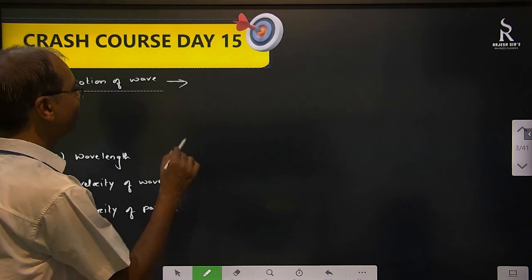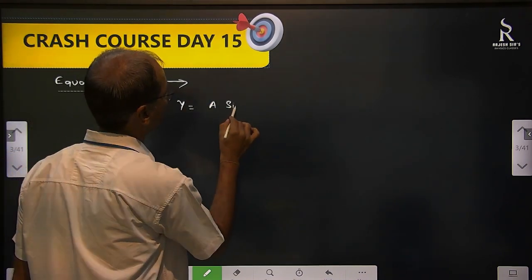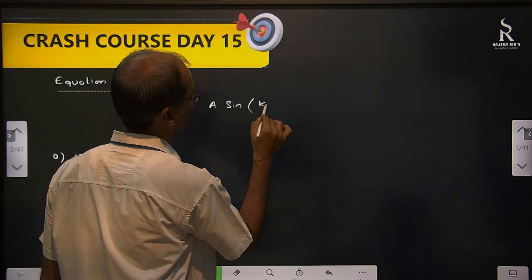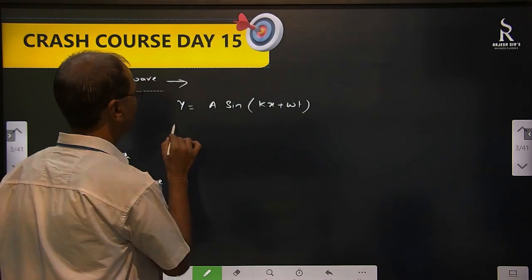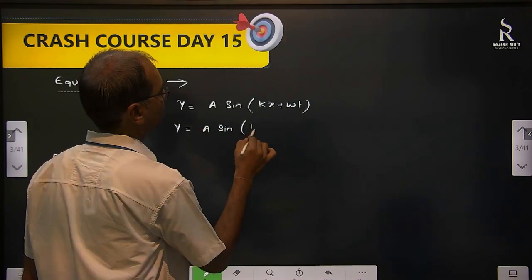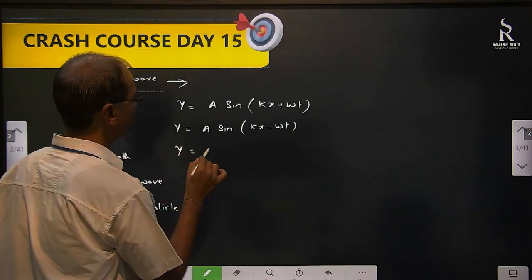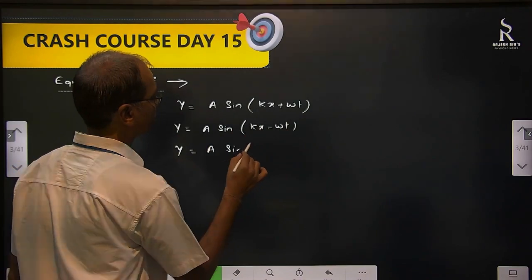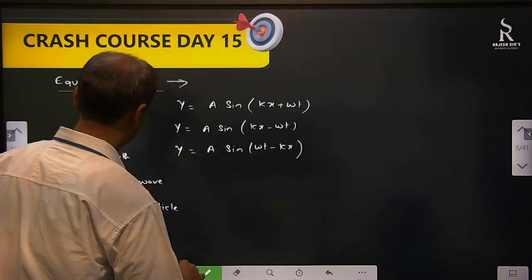The equation of a wave is shown to you something like y equal to A sin(kx + omega t), or y equal to A sin(kx - omega t), or y equal to A sin(omega t - kx).